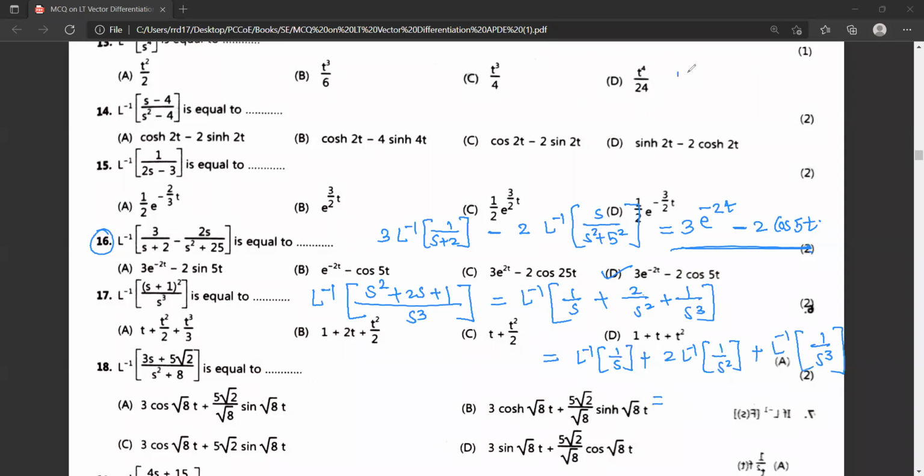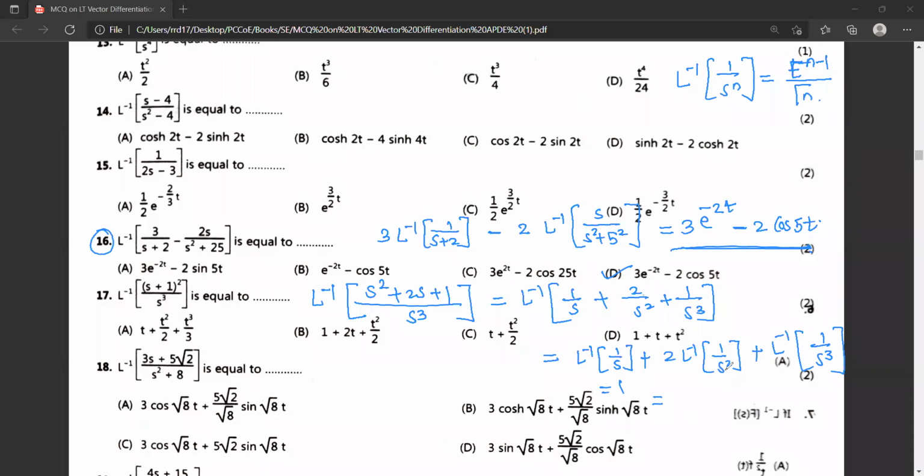We know that L inverse of 1 by s raised to n is equal to what? Tell me the answer quickly. t raised to n minus 1 upon gamma of n. So apply that and tell me the answer. Option B. Option D. All of you are getting the answer.